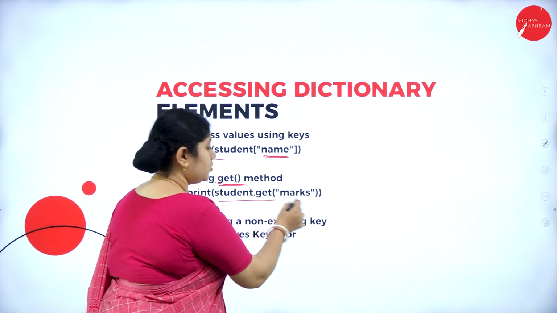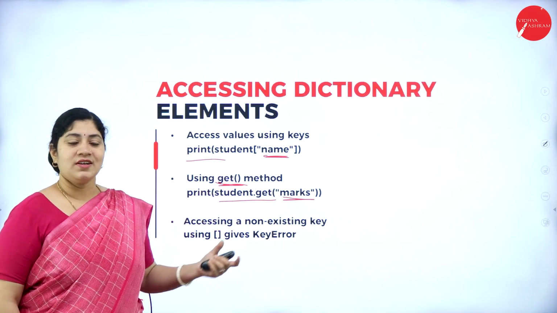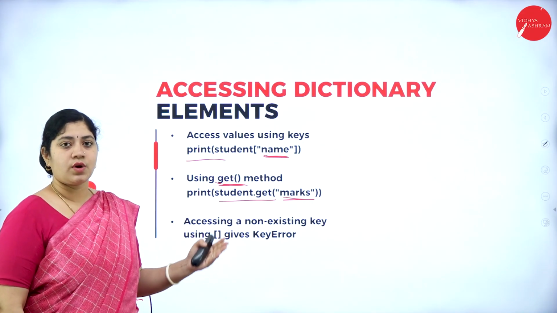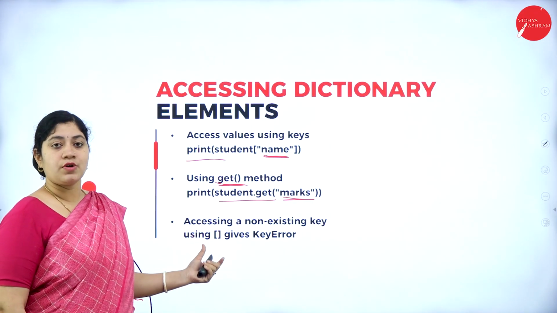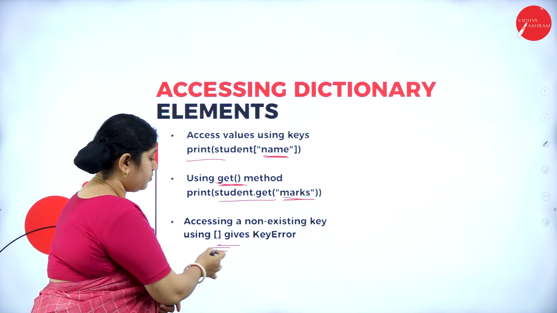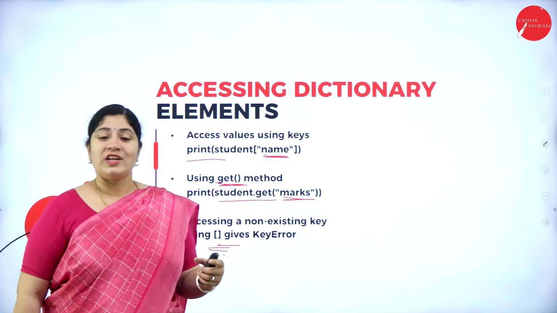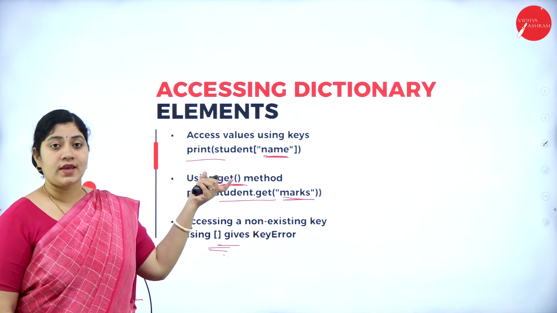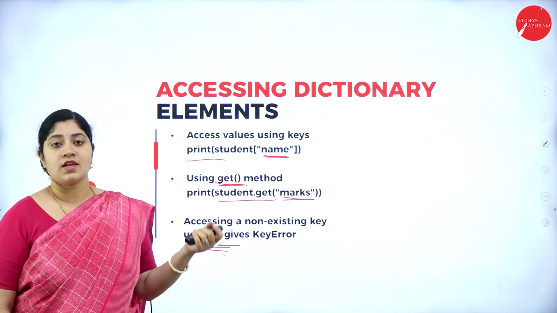So the marks has to be updated. Up next, if I want to access any non-existing key, yes, that's possible using square brackets, which gives an error. So these are the methods through which we can access the elements inside the dictionaries.